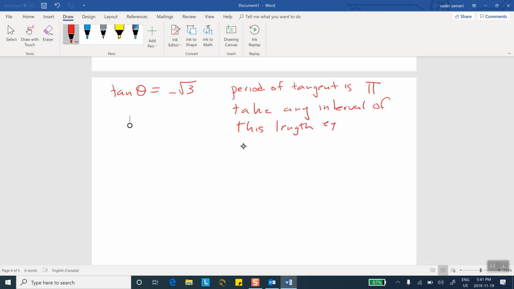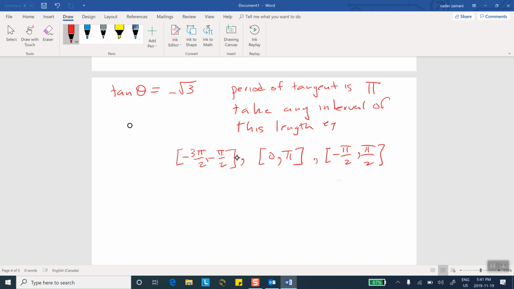For example, you can do 0 to pi, no problem. You can do minus pi over 2 to pi over 2, no problem. You can do minus 3 pi over 2 to minus pi over 2. These all have the same length, the period of the function.